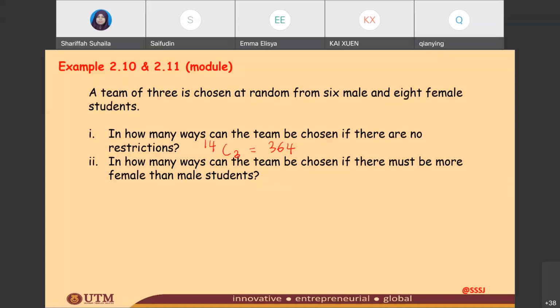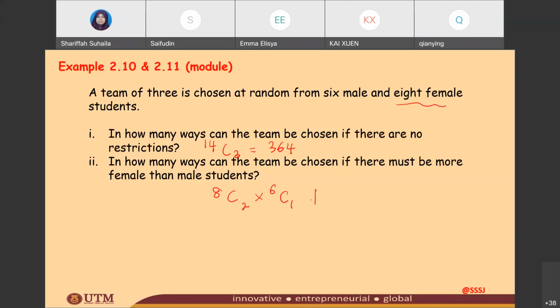How many ways can the team be chosen if there must be more female than male students? So you have 8 female students. From 8 female students, it can be either 2 female and 1 male student, so 8C2 multiplied with 6C1.